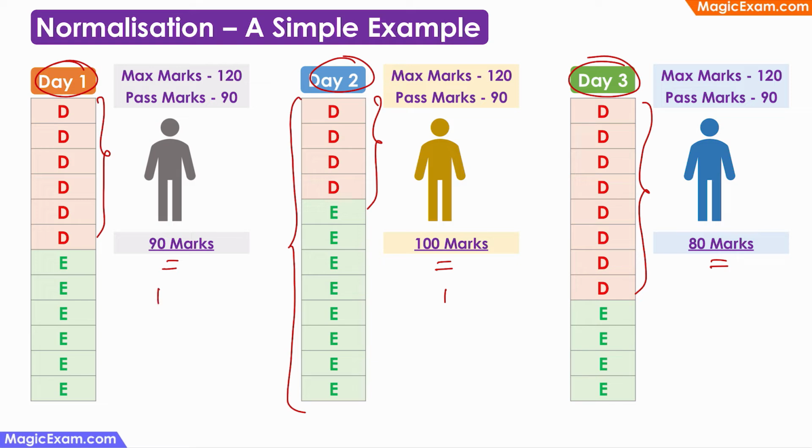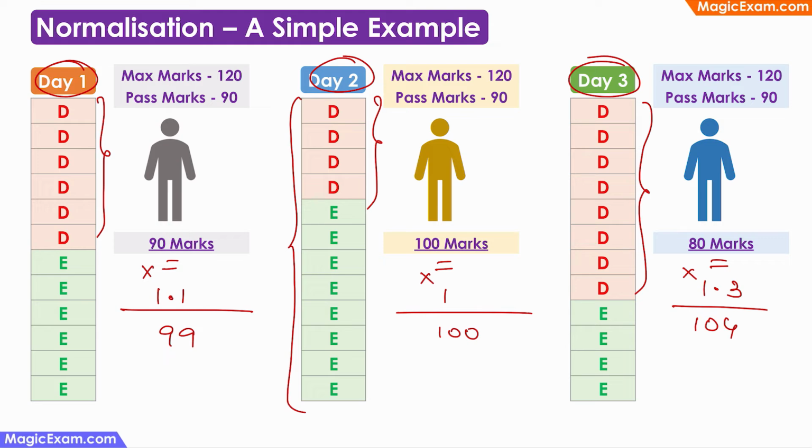So this can be 1.1. Whereas the day 3 question paper, which has the maximum number of difficult questions, let us give it a higher difficulty rating of 1.3. So now if we multiply 90 and 1.1, we will get 99. If we multiply 100 into 1, we'll get 100, and 80 into 1.3, we get 104.